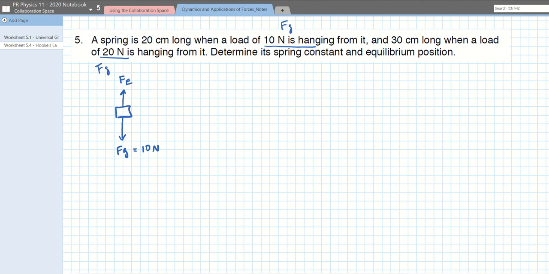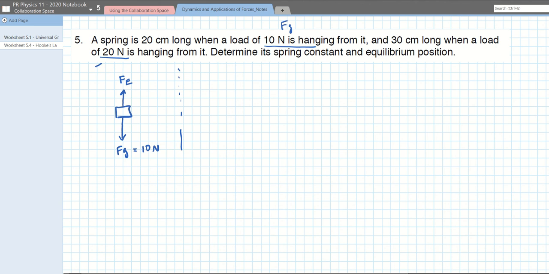The same idea applies to the other case too. We're going to have, again, the same two forces acting on it. The only difference is that the Fg is bigger. So let's make another free body diagram here.